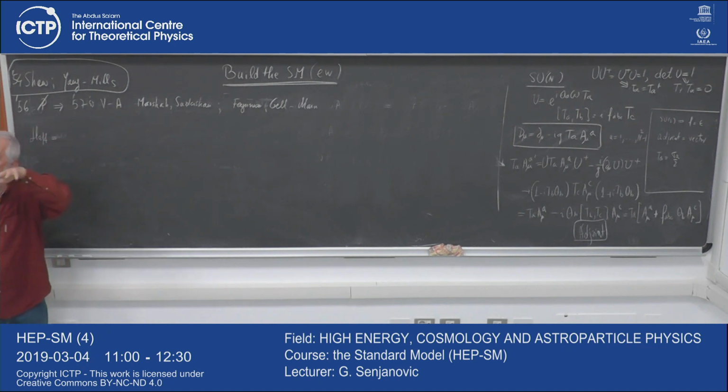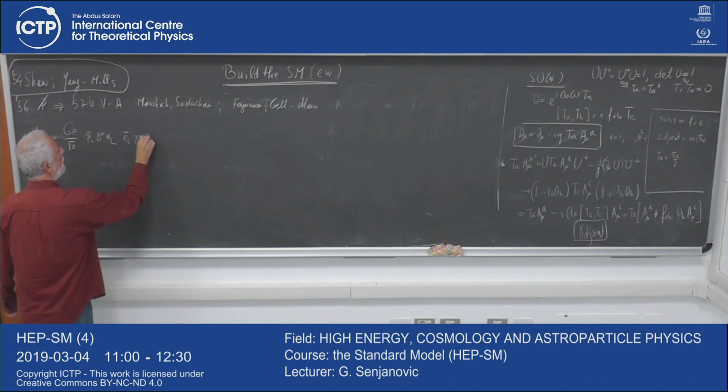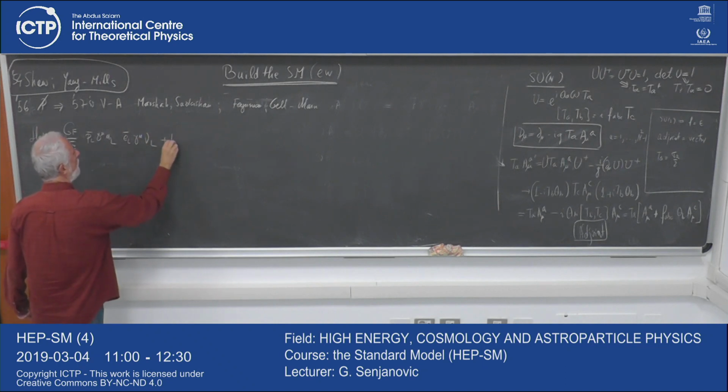It is established that all of the particles in the weak interactions are simply left-handed, the maximal breaking of parity, which I call left. So the theory is G_F over square root of 2, and this is, let's say, proton comes out. I write once only a proton, then I turn to quarks. This will be the Fermi interaction.